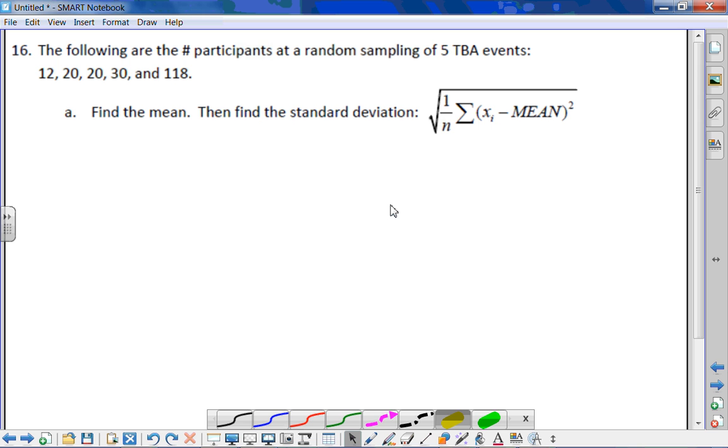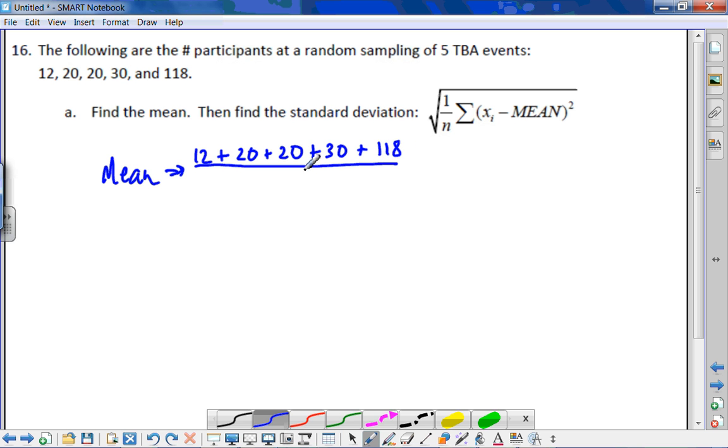All right, some review with the statistics. I'll start quickly with the mean. Divide by how many values there are.